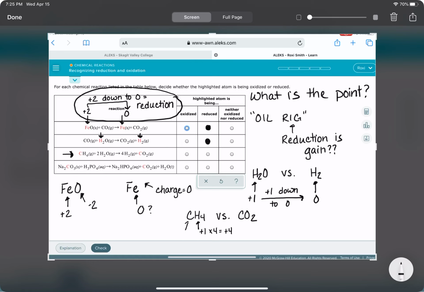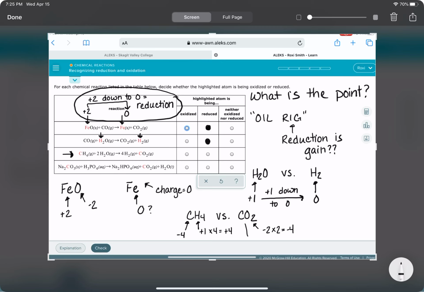We know that the carbon's oxidation number plus the hydrogen's oxidation numbers altogether has to add up to 0, the overall charge. So this carbon's oxidation number is a -4. For CO2, we know that oxygen is a -2, and we have 2 of them. So that's a total of -4.